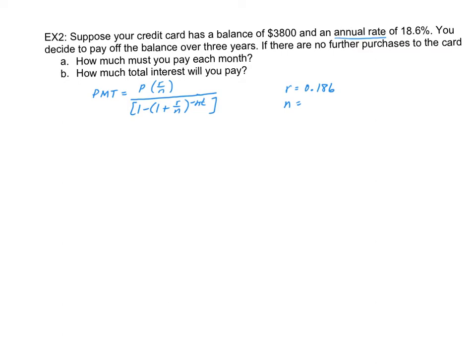So since this is monthly payments, N is 12. So again, we're just going back to what we used in previous sections. Our P is our starting balance of 3800. And since we want to pay this card off in 3 years, T is 3.